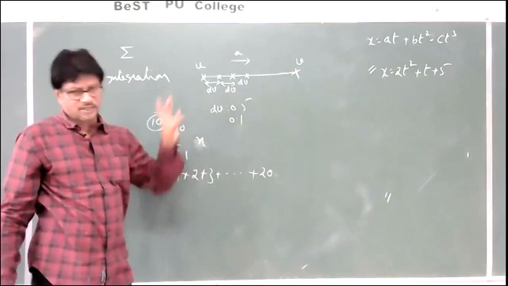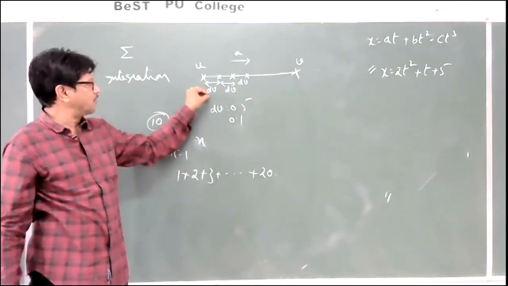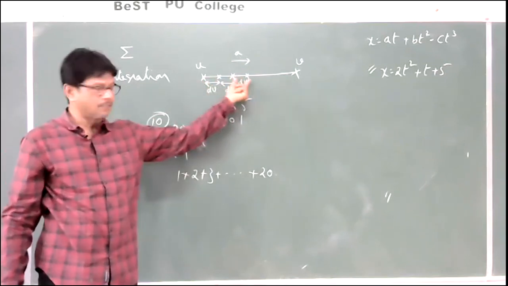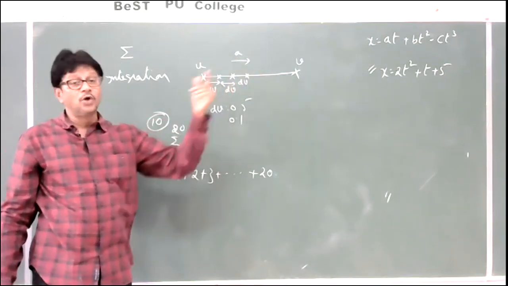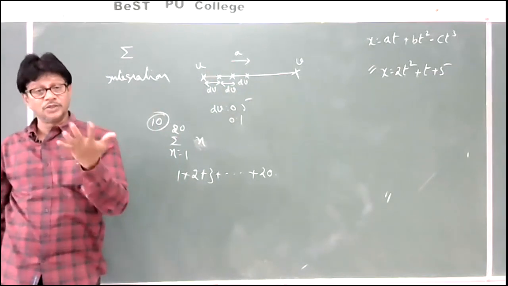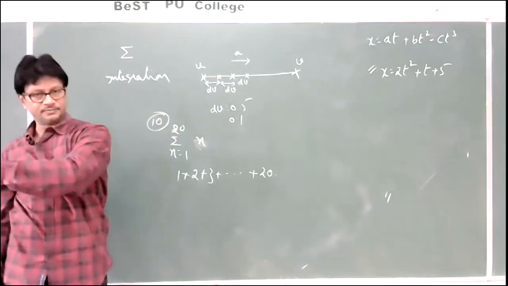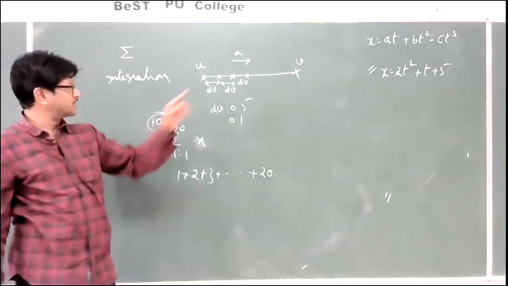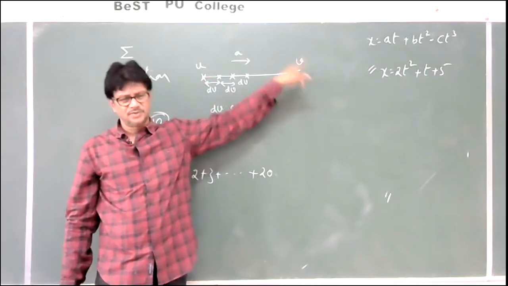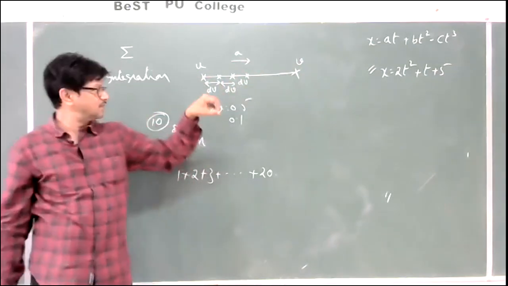So in such a case, if I want to add the dv's, the segments, I don't know how many segments I am adding, but I know from where to where I am adding. From u to v. Okay, by practice you can understand this.